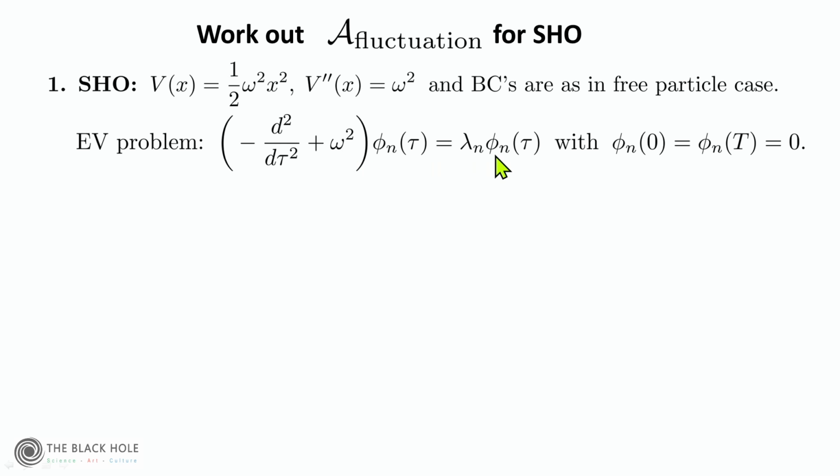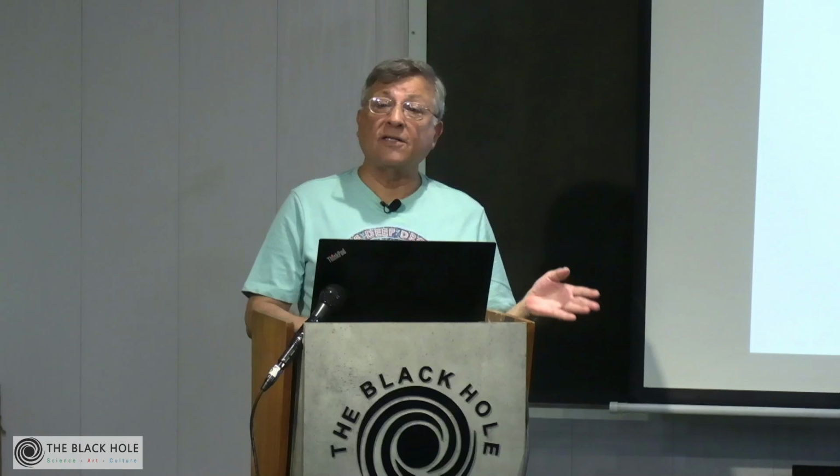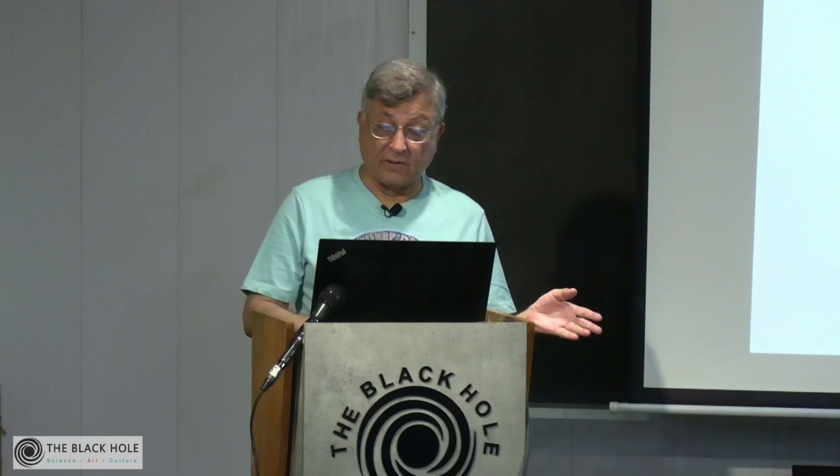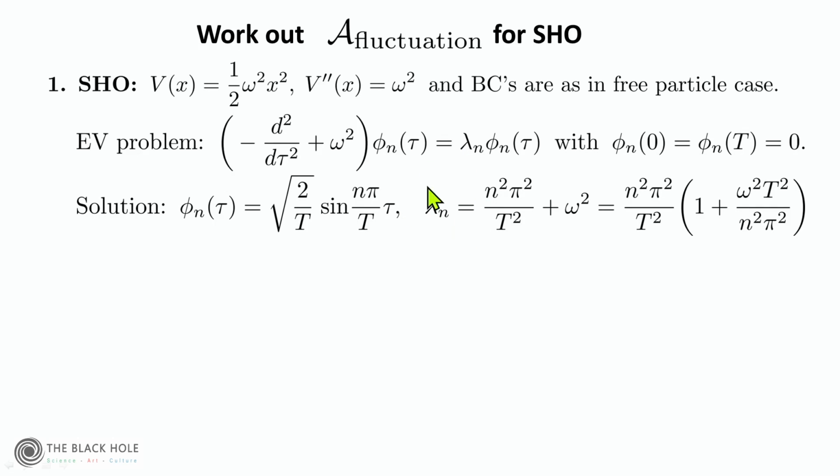You have to solve this eigenvalue problem with the same boundary conditions, and even children can do this. So they know the eigenfunctions. They're exactly the same as before for the free particle. However, the eigenvalues are a little bit different.